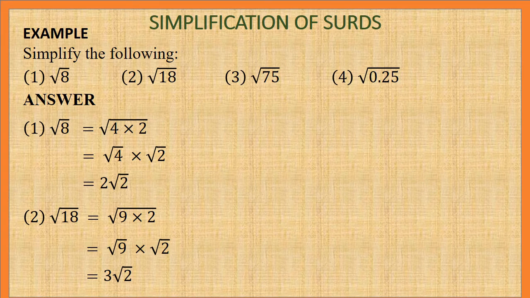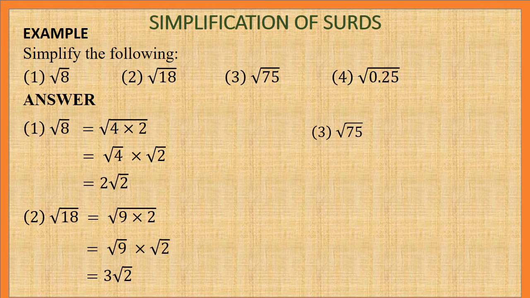Then for example 3, we have square root of 75. What perfect square can you find in 75? When you check through, you see that the perfect square we can find is 25. 25 times what gives us 75?